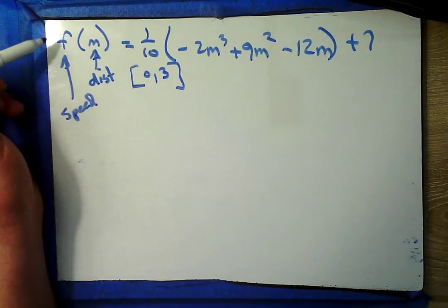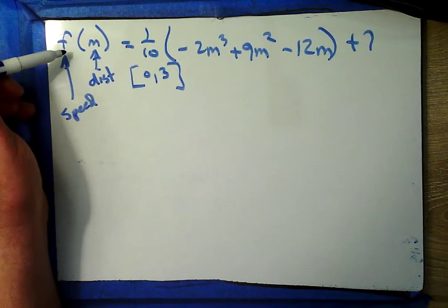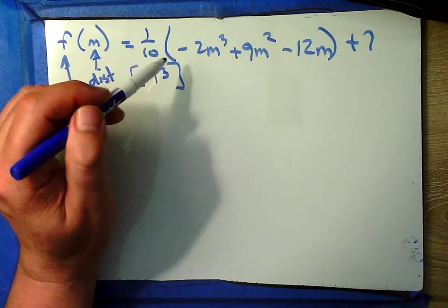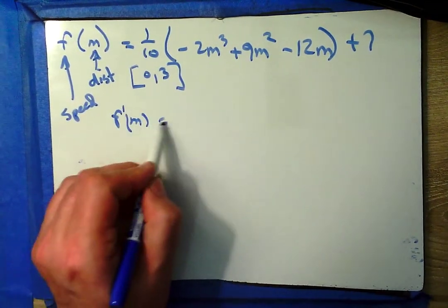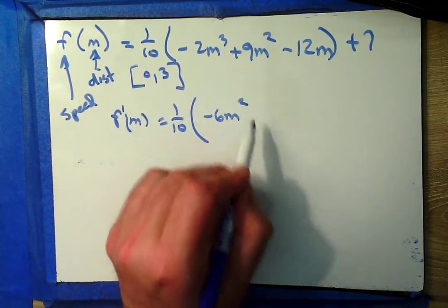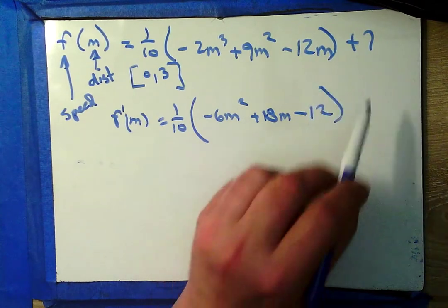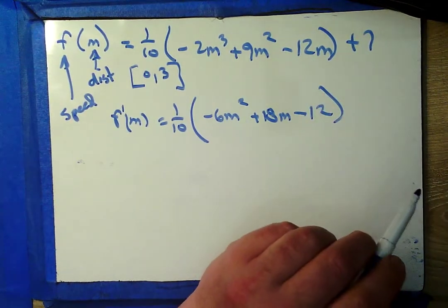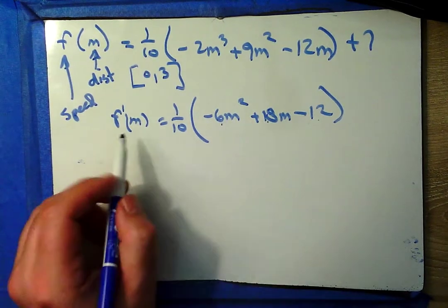So we want to know when the speed function is a max, and that maximum occurs when we take the derivative here. So f prime of m is going to be 1/10 times negative 6m squared plus 18m minus 12. The derivative of this is 0. So I notice that I can factor out a 6.